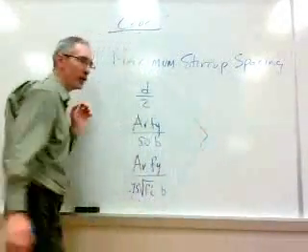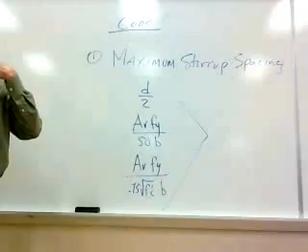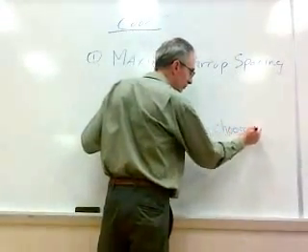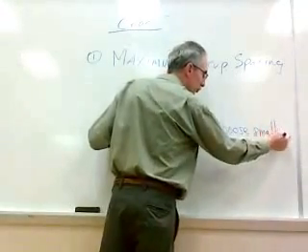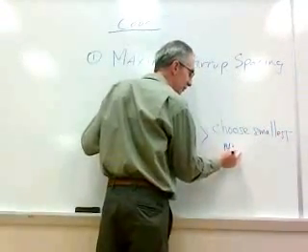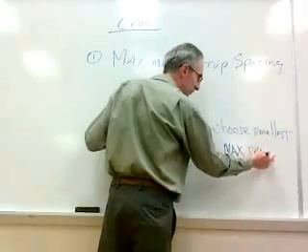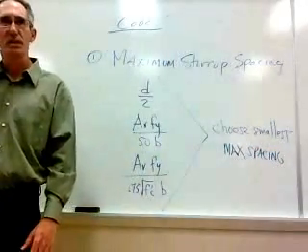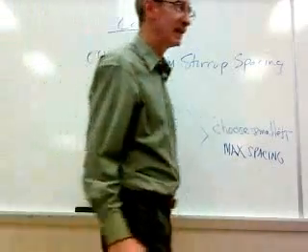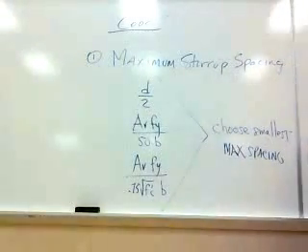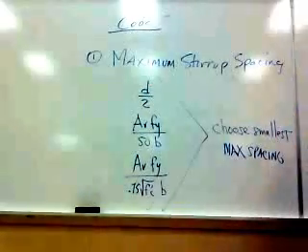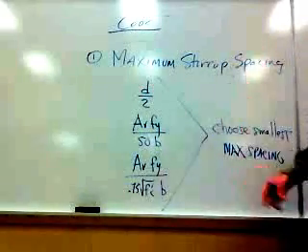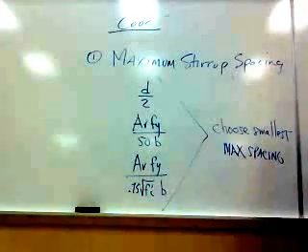The easiest thing to do is calculate all three of these all the time, and you'll choose the smallest as your maximum spacing. So the easiest thing, whether it's an evaluation or a design, when you want to know how big your stirrup spacing can get, is to calculate all three and choose the smallest.